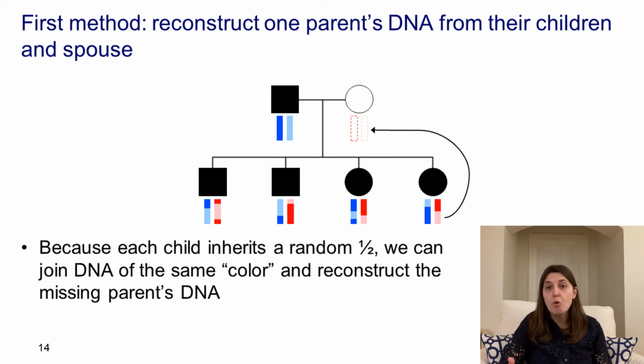You can get more DNA from the parent when you have more children. And this works simply by, in some sense, subtracting away the DNA that, in this case, the father transmitted to these 4 children, and then joining together the segments of DNA that the mother therefore must have transmitted into her pieces of DNA, her chromosomes.